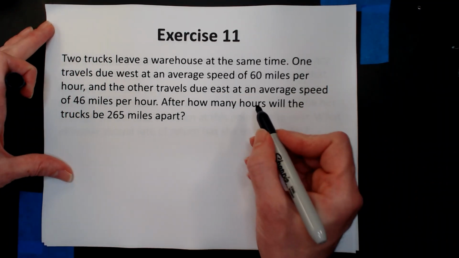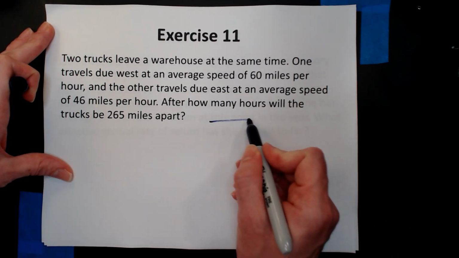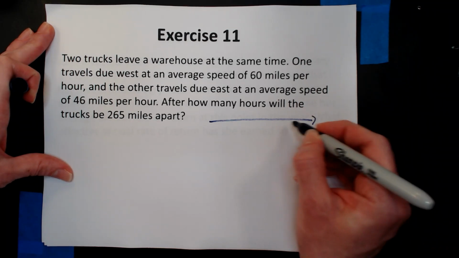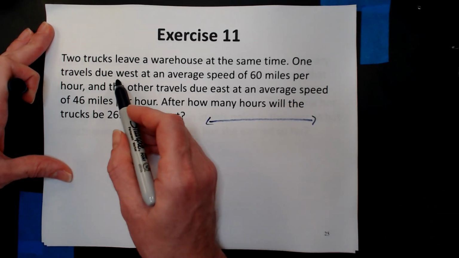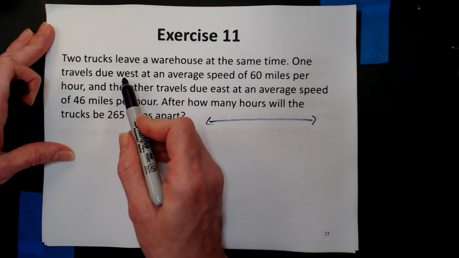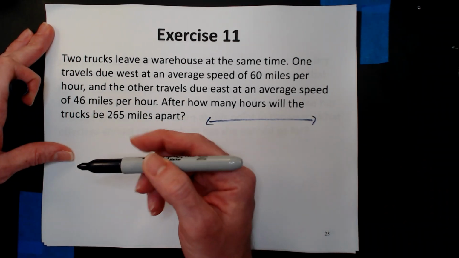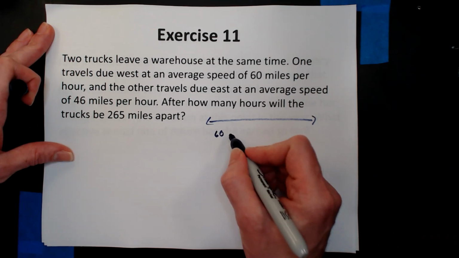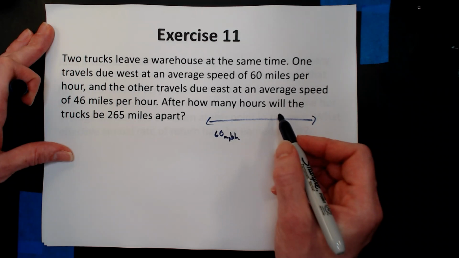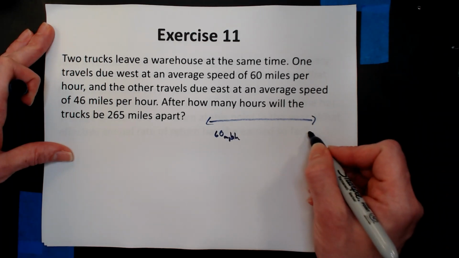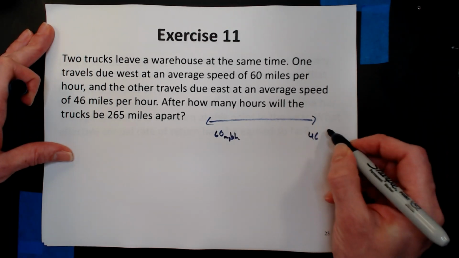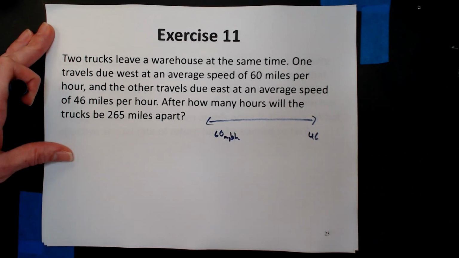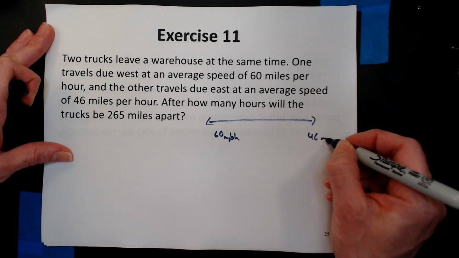So once again, always draw a picture of your scenario if you can. We have east and west, so they're directly opposing each other. West is to the left on a map, so this is going to be 60 MPH. On the right-hand side, east, is an average of 46 miles per hour, and that's MPH.